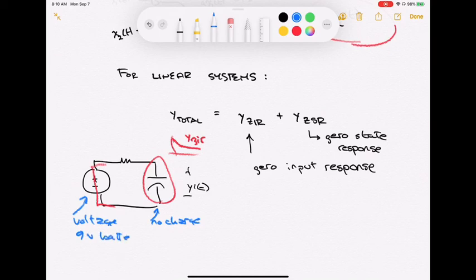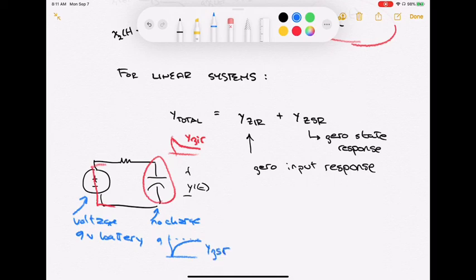What does the output look like in that case? You had a discharged capacitor and you applied a battery to it. We're going to see that the voltage on the capacitor charges up to whatever that battery level was, 9 volts in this particular case. This is the zero state response.